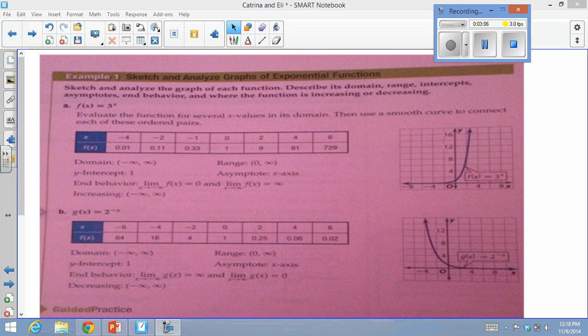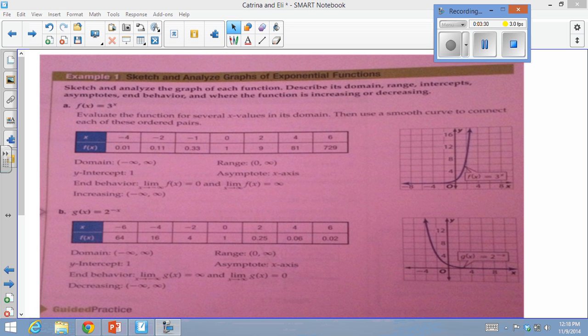Our next example is g of x equals 2 to the power of negative x. Since we have a negative x, our graph is always going to be decreasing, which makes it decreasing from negative infinity to positive infinity. Our domain is the same, negative infinity to positive infinity. Our range is 0 to infinity.